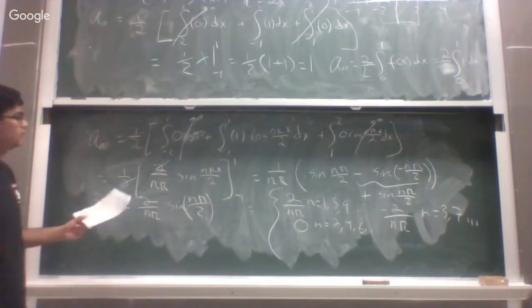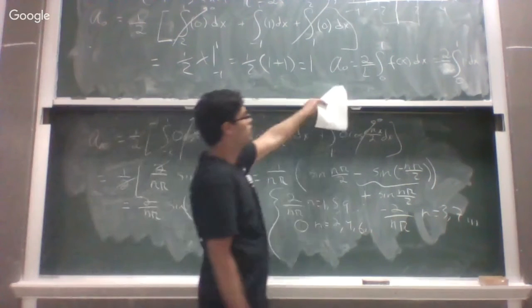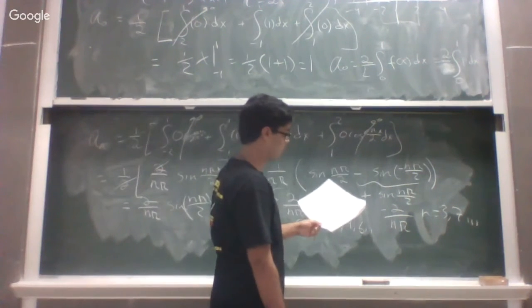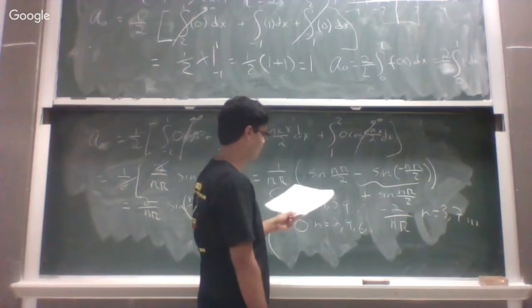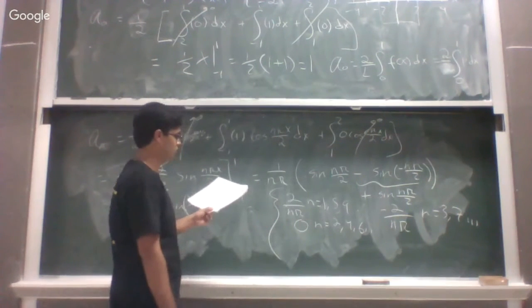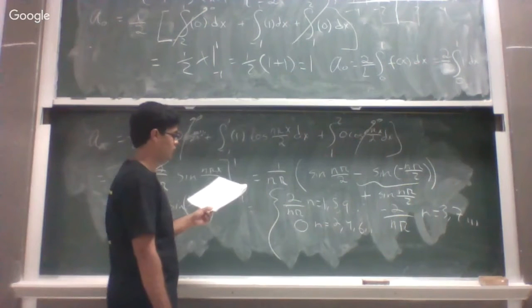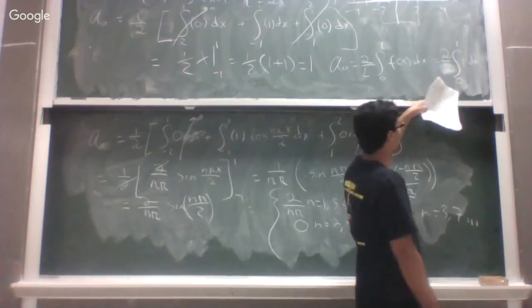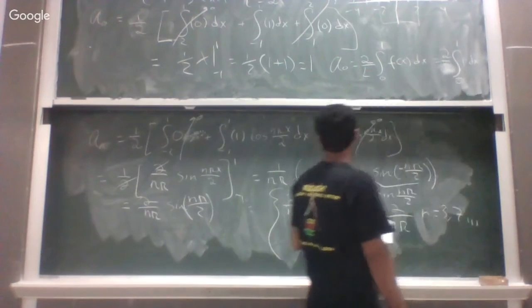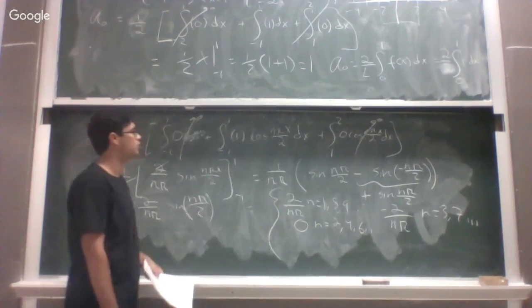They also did this sort of thing where they did the integral going from 0 to 1 of 2 over 2, the integral, so 2 over 2 going from 0 to 1 of 1 times cosine of n pi x over 2.